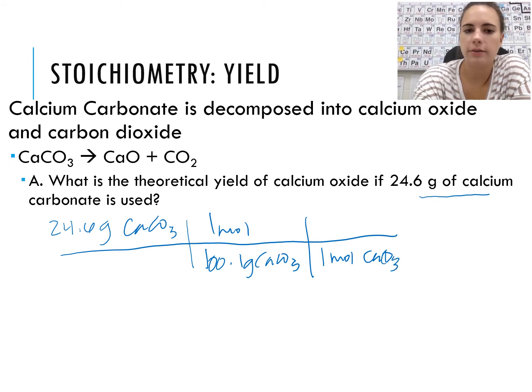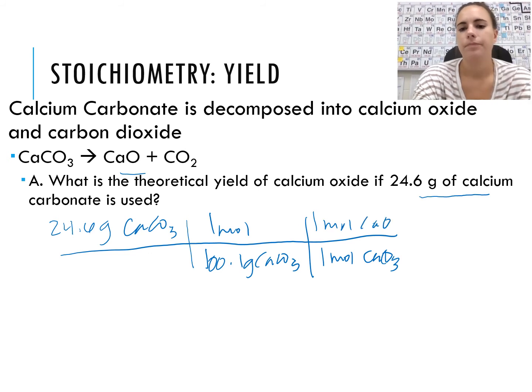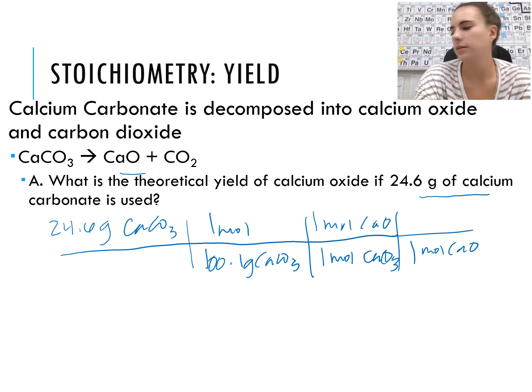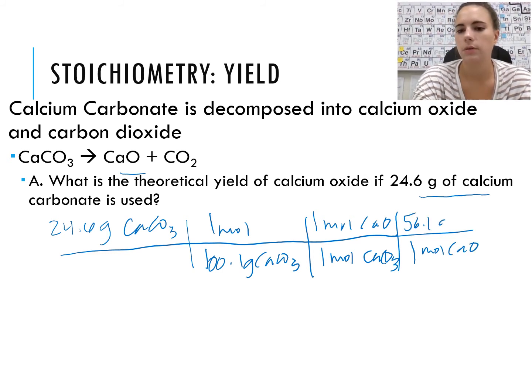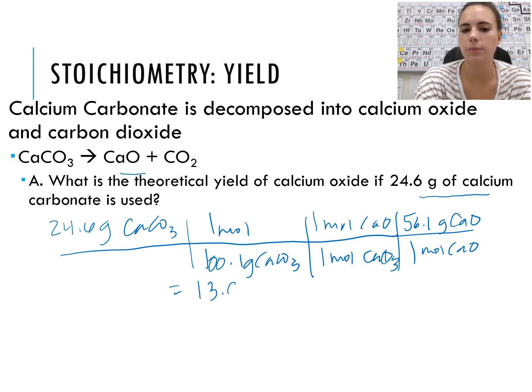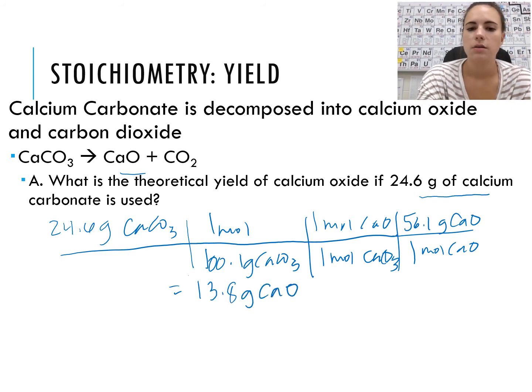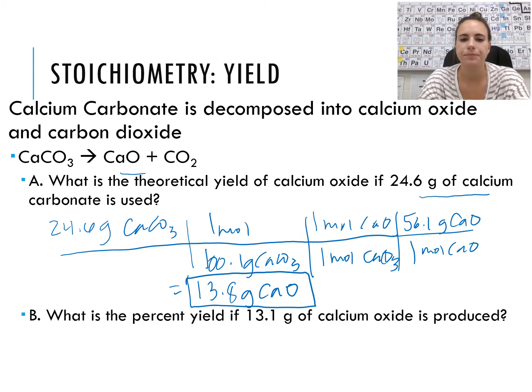And I'm going to calcium oxide. 1 mole of calcium oxide is 56.1 grams. And I multiply across the top and divide by the bottom. I get 13.8 grams of calcium oxide. So that is my theoretical yield of calcium oxide.